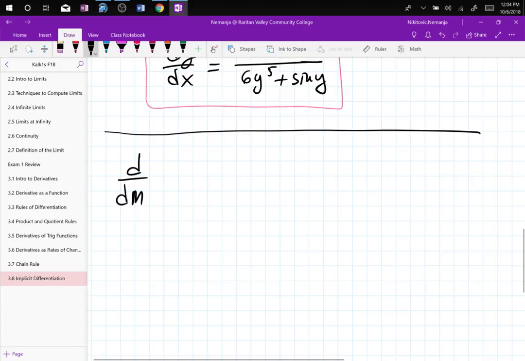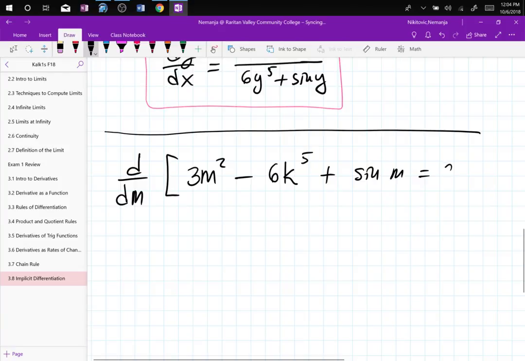I don't know if you're in bio, whatever. You are taking the derivative in respect to m. No more x's and y's. And now you have 3m squared minus 6k to the 5th plus sine of m equals to 9m. How about that?